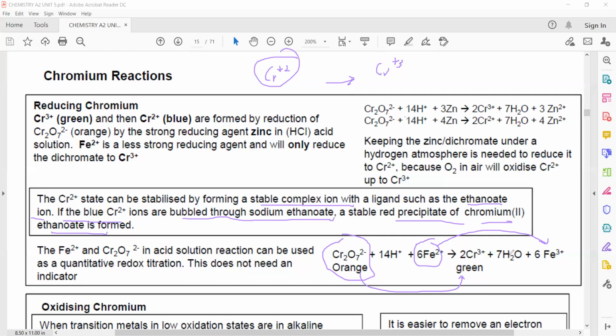How can we stabilize that? We can add ethanoate ion, sodium ethanoate, which will form a complex and make a precipitate in which the chromium will remain +2. Is it clear? Yes.